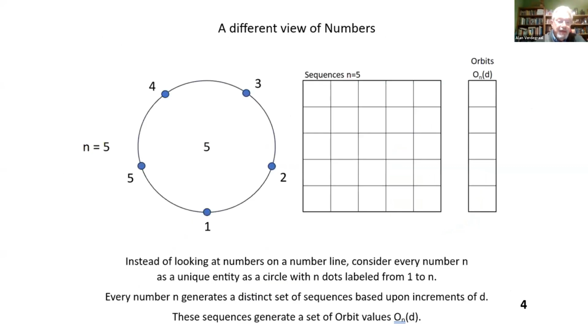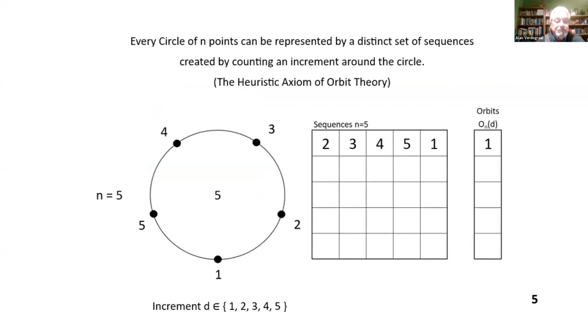Okay, here we go. So we have the number 5 represented as a circle with 5 numbered points. And we're going to count around the circle using increments. If we use an increment of 1, we get the numbers 2, 3, 4, 5, 1.